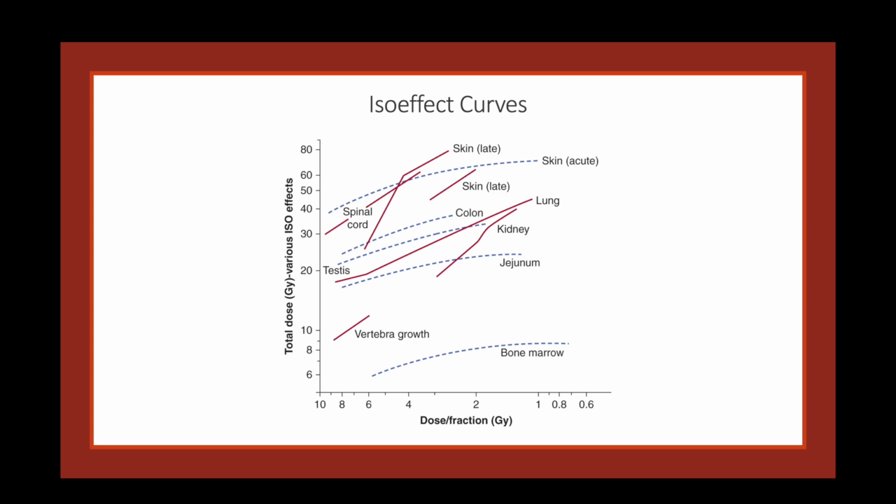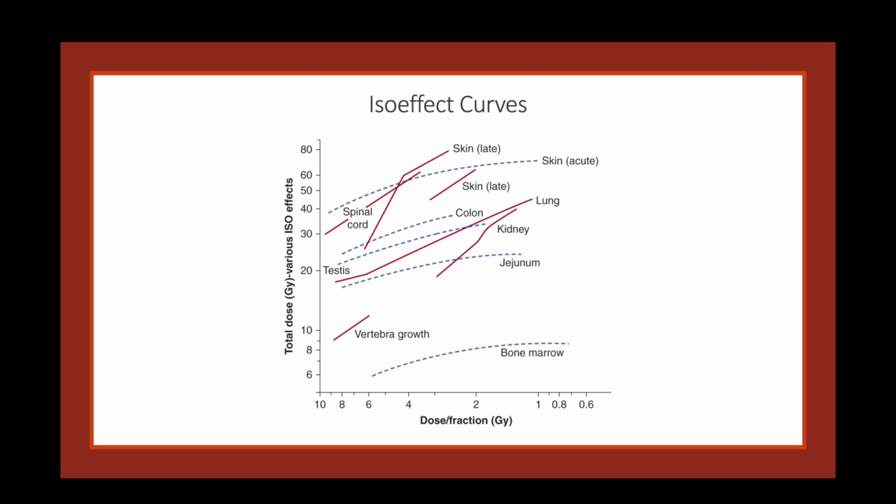If you look at the late responding tissues, however, like the spinal cord, the lung, the kidney, these tend to have a much steeper ISO effect curve, which corresponds to a higher sensitivity to fraction size. So if you look at that dose per fraction on the x-axis, as that varies, you can see that as we decrease the dose per fraction, so as we move towards the right on that x-axis, it takes a lot more total dose in order to get that same ISO effect.